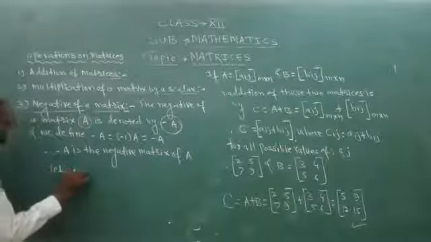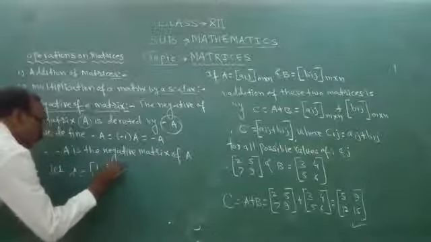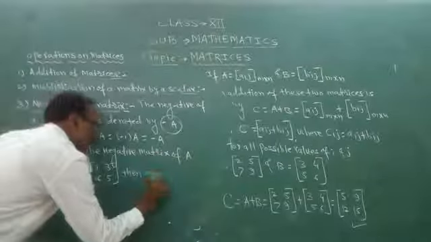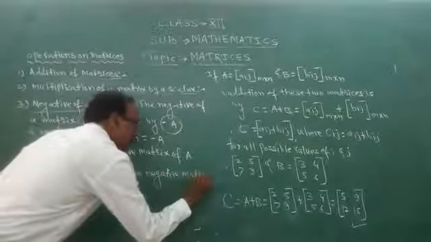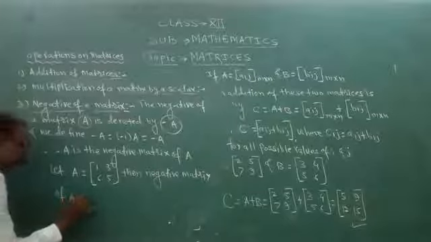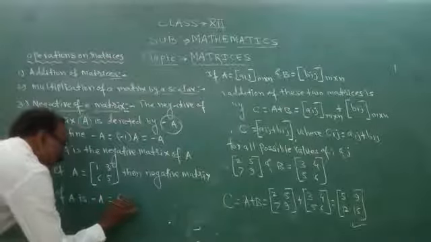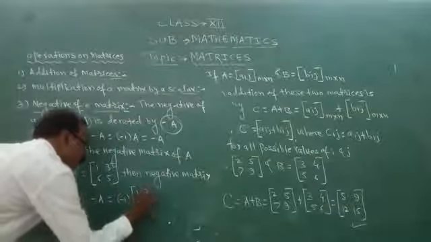Let capital A is equal to 1, 3, 6, 5. Then the negative matrix of capital A is minus A, that is -1 into A. A is 1, 3, 6, 5.